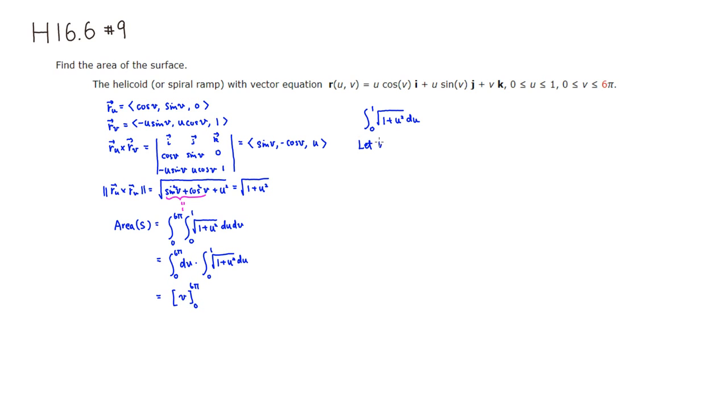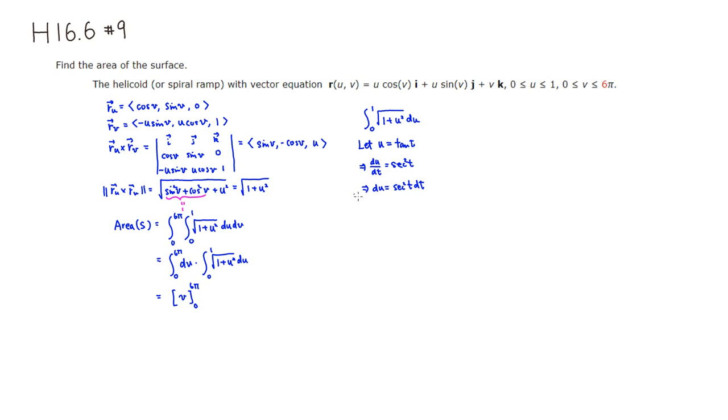Let u be tangent of t. If you take the derivative, du over dt is secant squared of t, so du is secant squared of t dt.